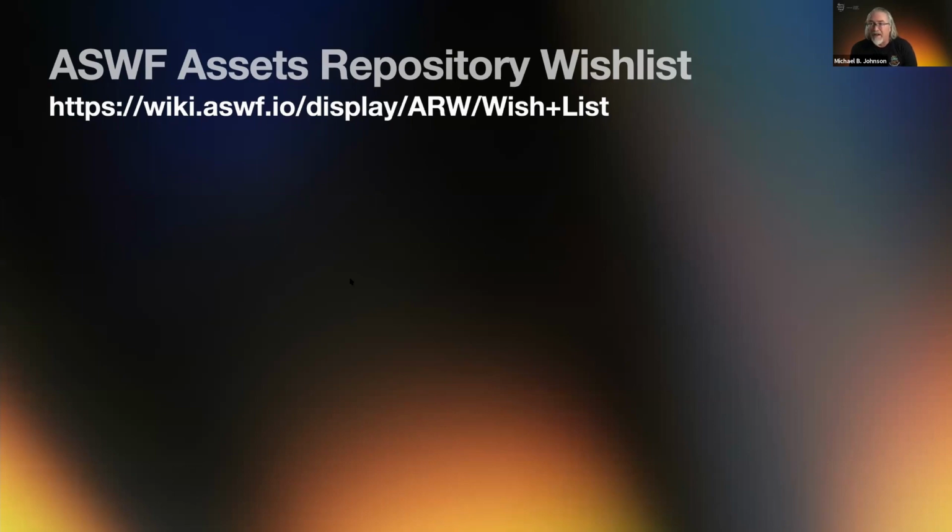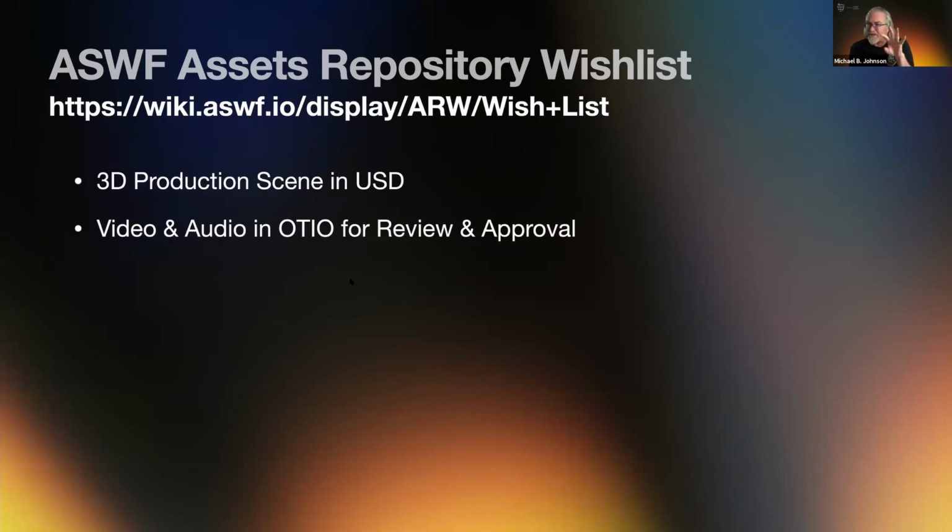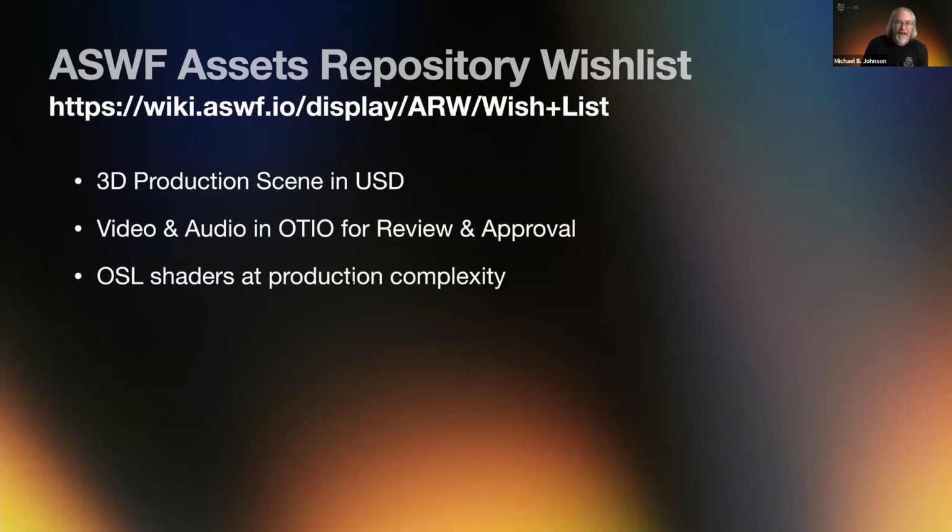Please feel free to add things to it. Some of the things that we might want. I'm sorry, I seem to be having a little bit of trouble advancing the slides here, so some of these are coming in chunks. So 3D production scenes in USD we're really interested in. Video and audio that might be useful for OpenTimelineIO.